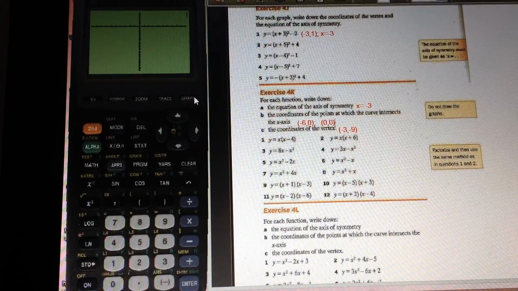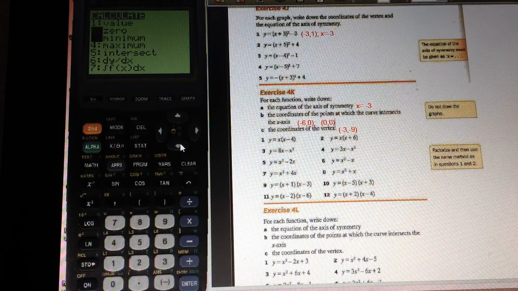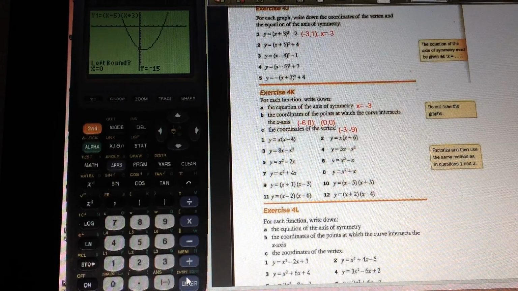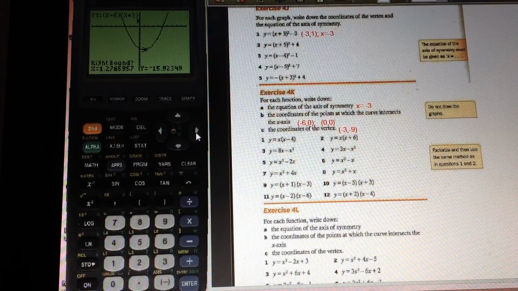So now let's take a look at the picture. Now you can see your picture. Still there it's your lowest point, which is your vertex. So you can go to second calc and go to your minimum. And yes, a little bit to the left bound, yes, it's good for us. And hit enter. And you go to your right bound here and hit enter.